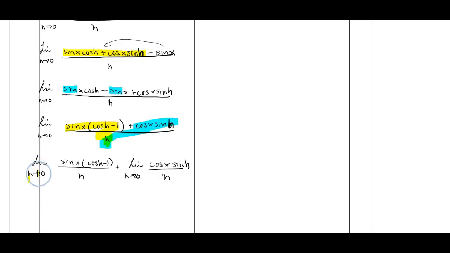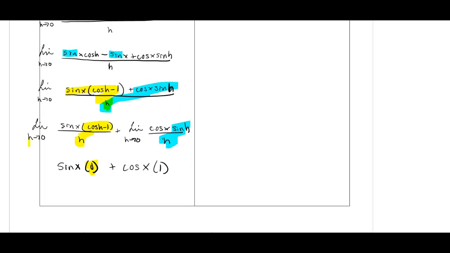Remember, our special trig limits as h approaches 0: cosine h minus 1 over h equals 0. And the limit of sine h over h as h approaches 0 is 1. Which leaves me cosine x. In short, the derivative of sine is cosine.